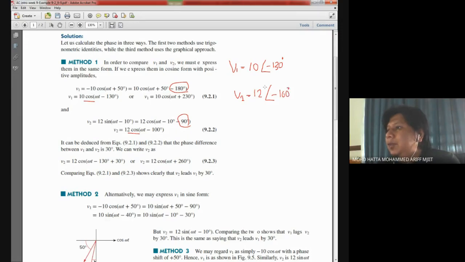Okay, and from here, I try to graphically determine which one is leading, which one is lagging by drawing the graphical representation of both waveforms. So for V1, 10 with the angle of negative 130 degrees, it might be somewhere over here.